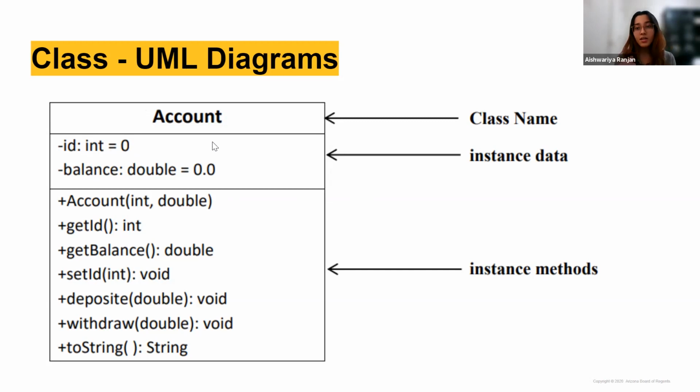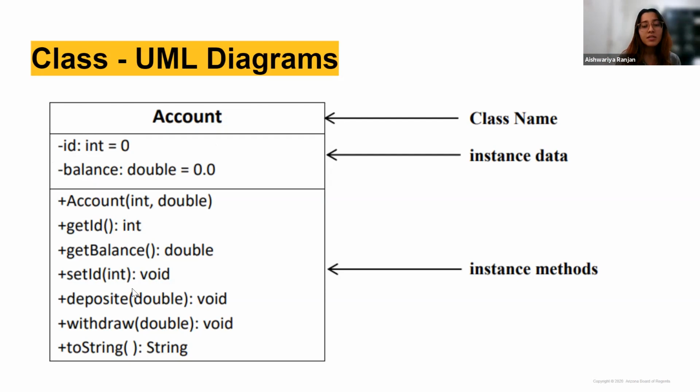When you write your class, you would first have public class account and those brackets, and then int ID equals 0. Similarly, you would have double balance equals 0.0. This is how you would declare your variables according to this UML diagram.